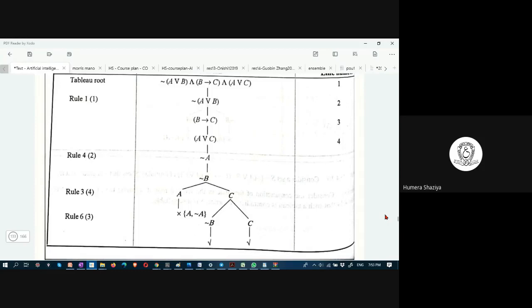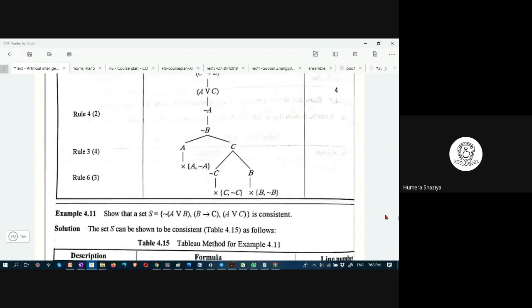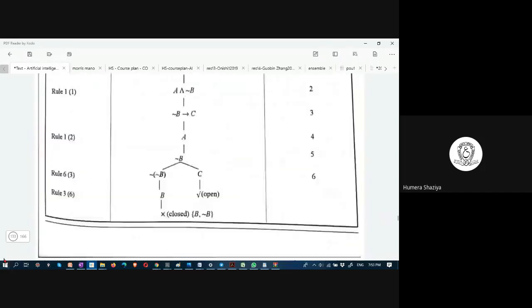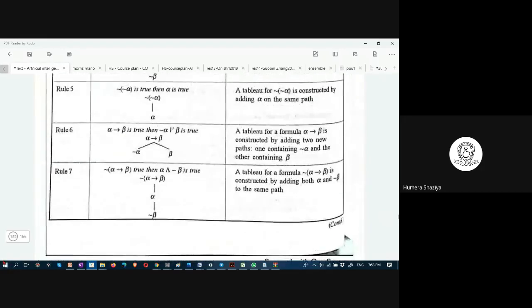And here now rule number 6.3 is applied. The sixth rule is: if alpha implies beta is true, then not alpha or beta is true. How can you write this?